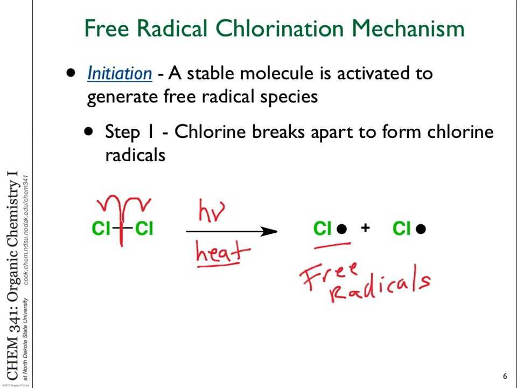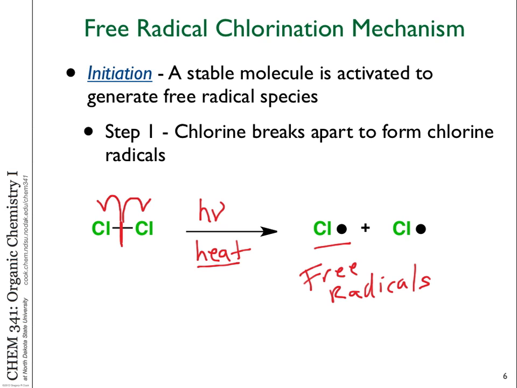So this process of starting from a stable molecule and homolytically cleaving a bond to generate 2 or more radical species, this is what we refer to as an initiation step. And what we see in this process for free radical halogenation is that the reaction is a chain reaction.